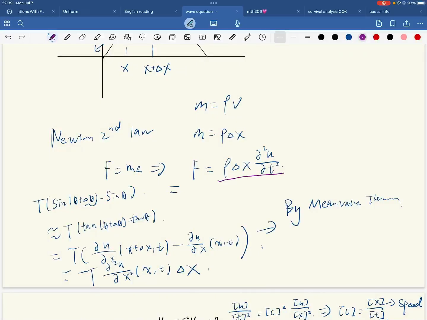And now we know this equals that, and the delta x is not here, and we know that.